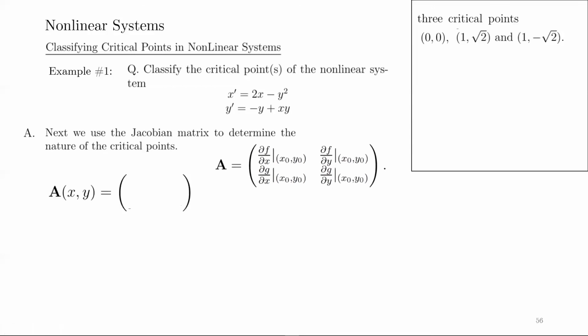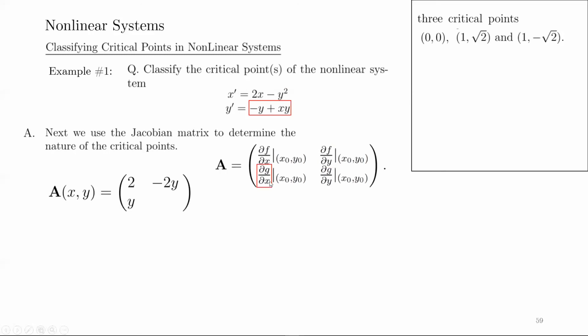The first term, df by dx: f is 2x minus y squared, and if I take the partial derivative with respect to x, I get 2. If I take the partial derivative of the first equation with respect to y, I get minus 2y.